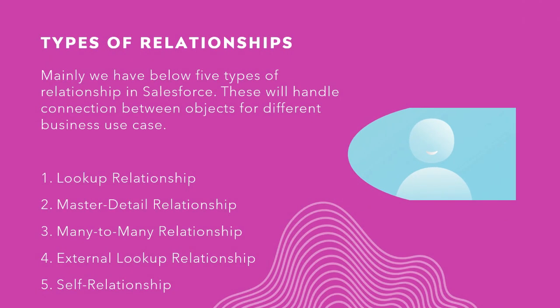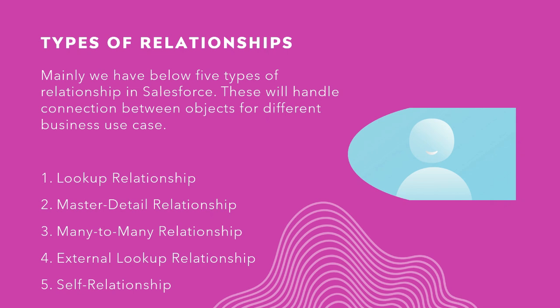Next. Now, what are the relationships we have in Salesforce? You can see here, there are 5 types of relationships: lookup, master detail, many to many, external, and self relationship. In the coming sessions, we are going to discuss each relationship in detail. And why so many relationships?